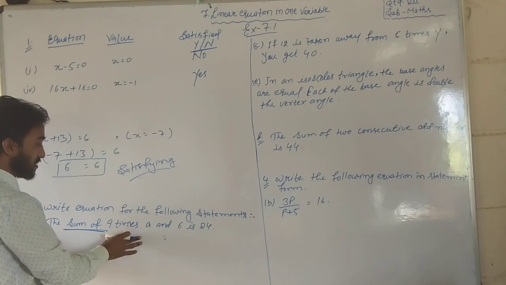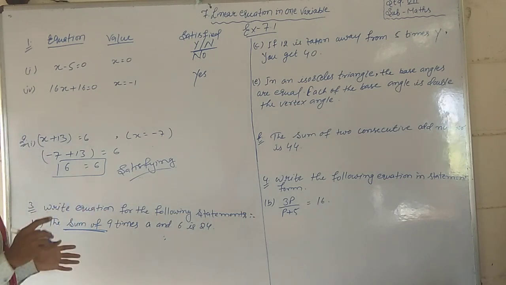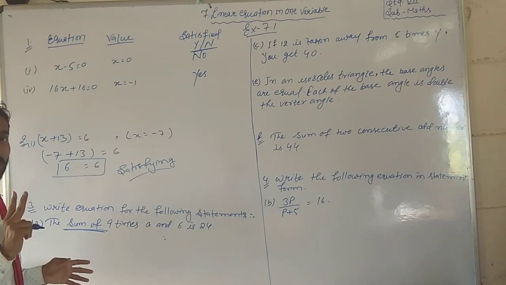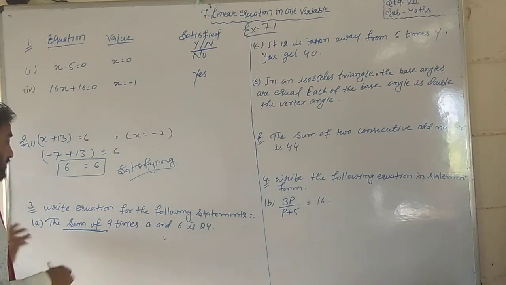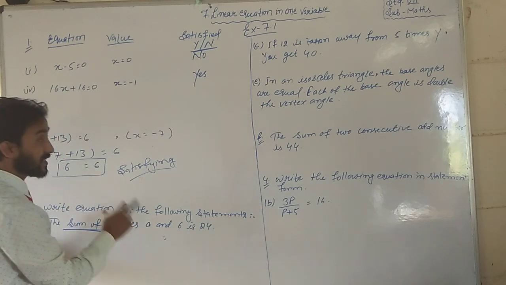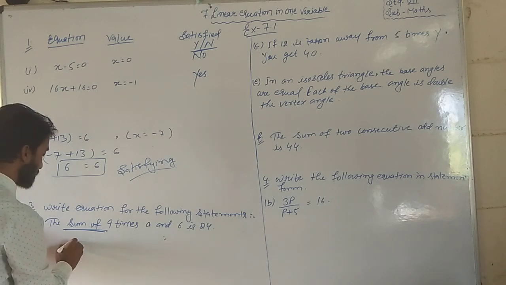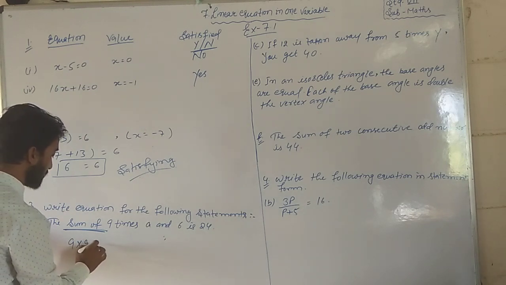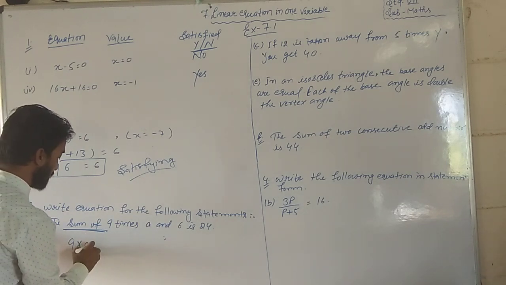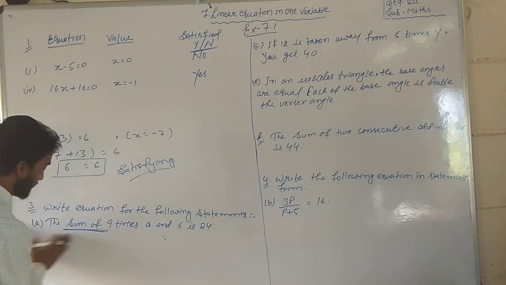So, sum of 9 times 8, what do you have to do? Sum. To find the sum, at least two numbers should be there. Then sum of, with whom? 9 times 8. 9 times 8 means 9 is multiplied by 8. Resultant 9 into 8. Can you write 9 8? Yes, we can write 9 8.